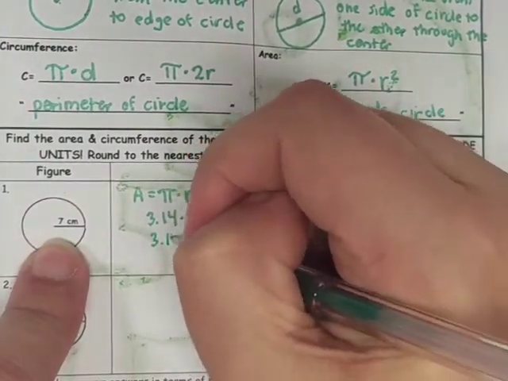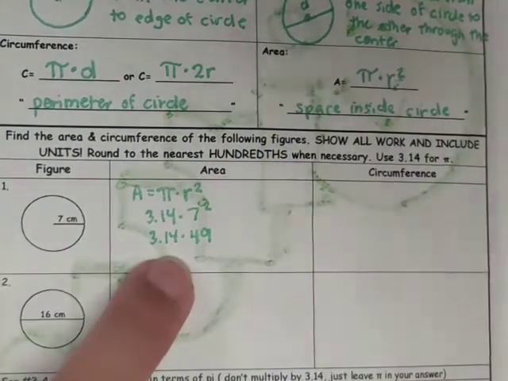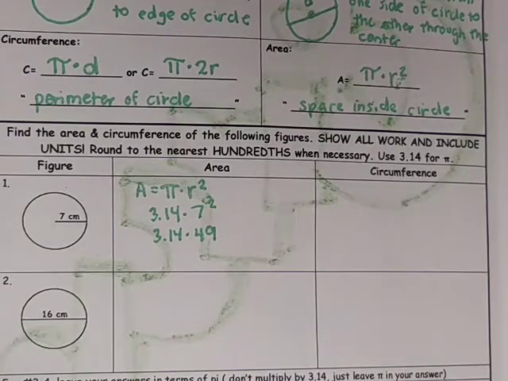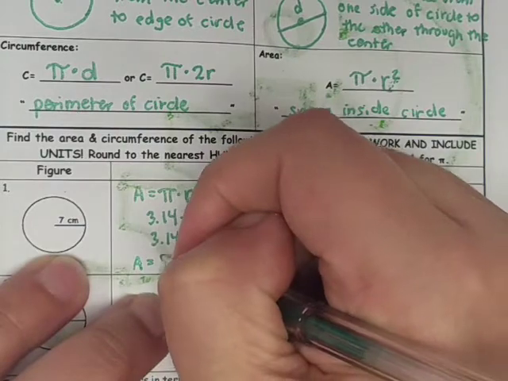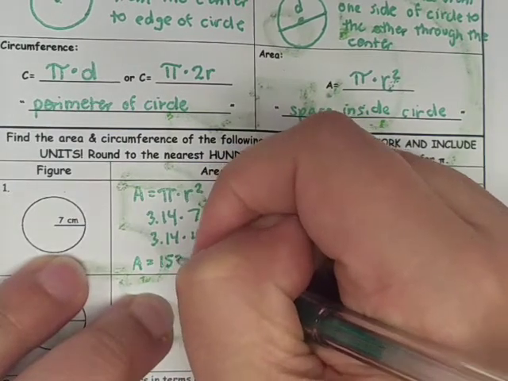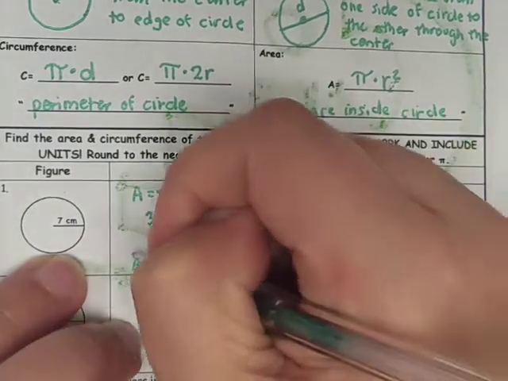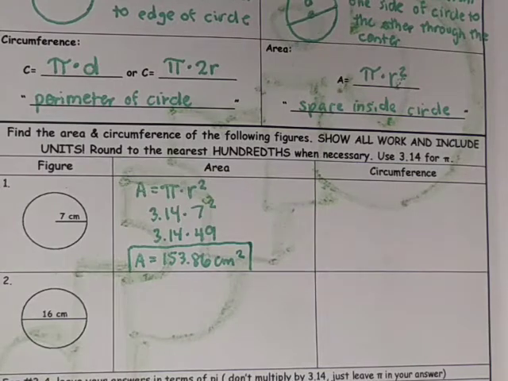And 3.14 times 7 squared really means 3.14 times 49. And 3.14 times 49 gives us an area of 153.86 centimeters squared. Okay? So that is how you find area.